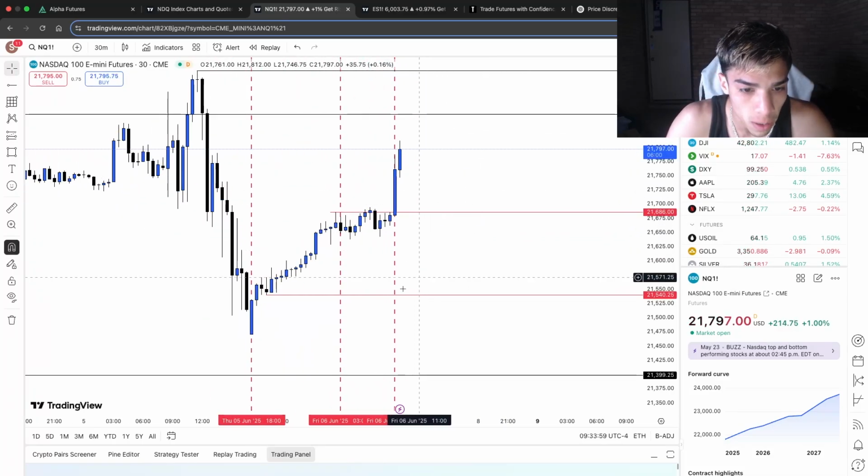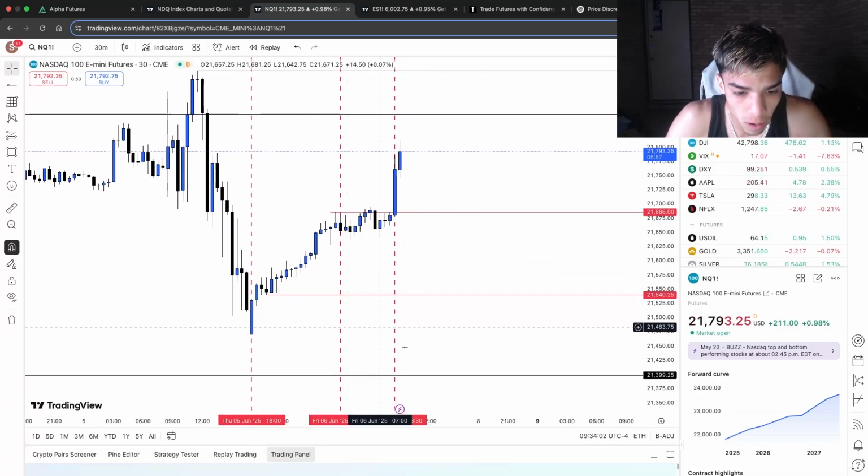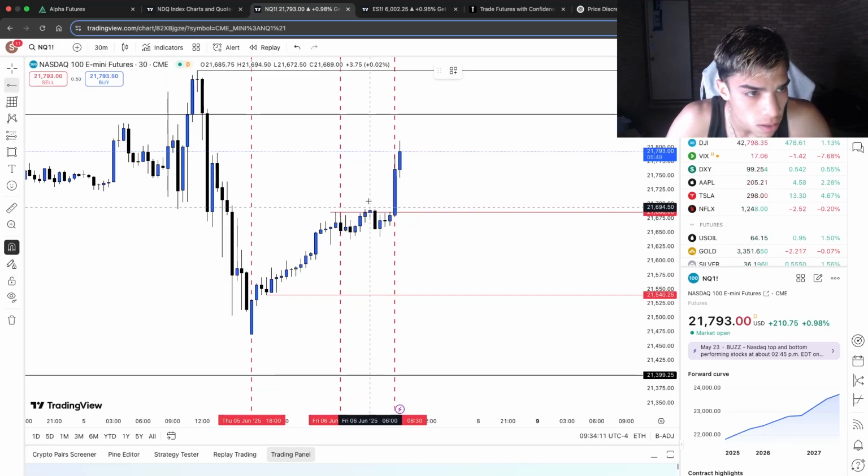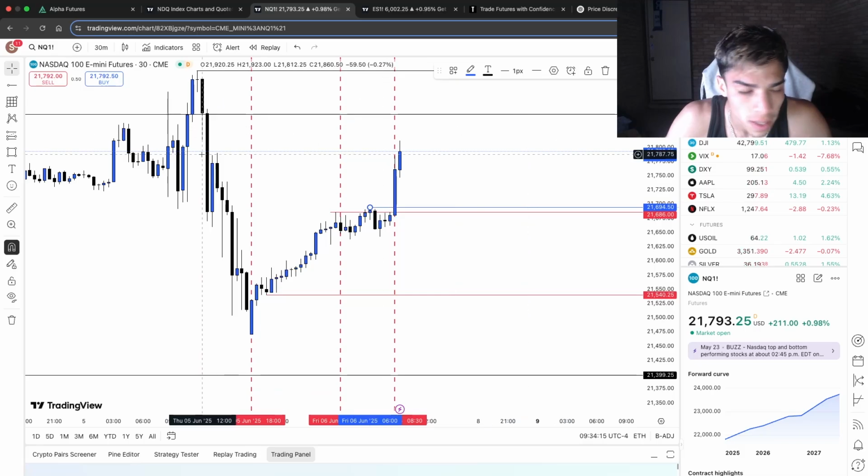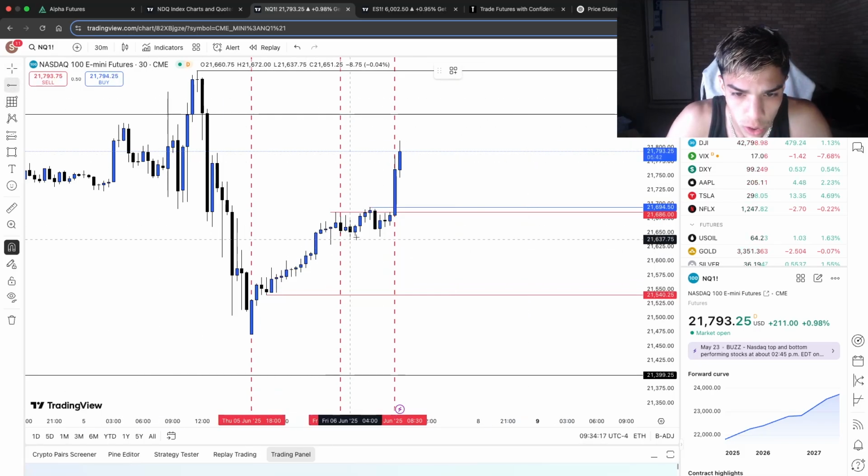Let's mark out our key levels real quick. We already marked out our Asian session lows for the day, Asian session highs, and then our London session highs is right here. Let's turn this to blue. And our London session lows, which is right here.